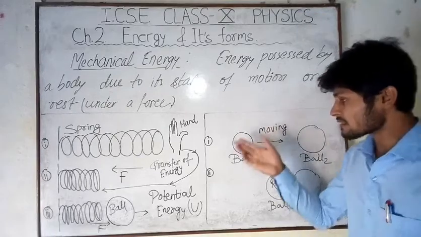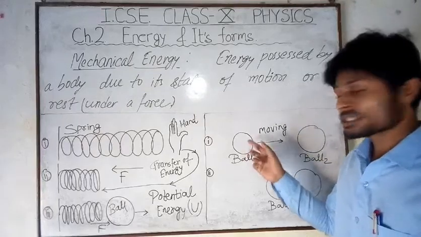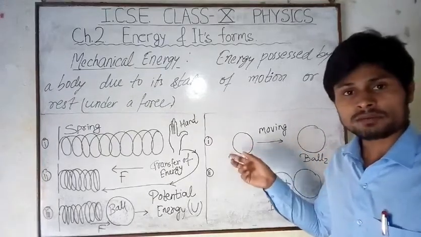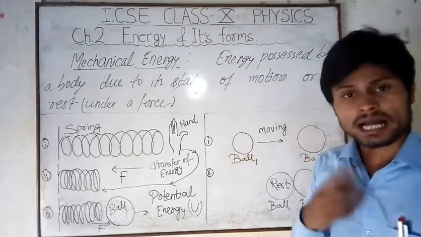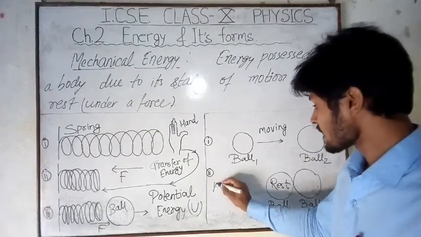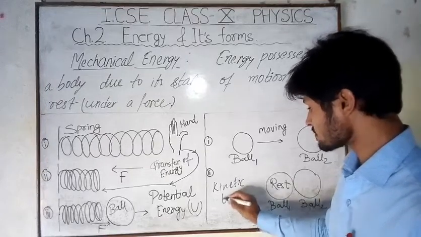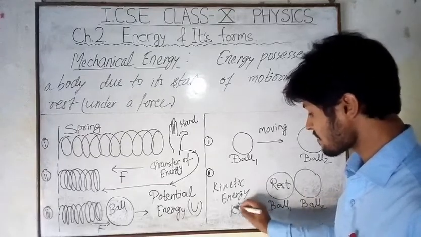So the energy possessed by an object is caused due to its motion. An object is capable of doing work because of its motion. So this kind of energy is called kinetic energy, and this one is represented as capital K.